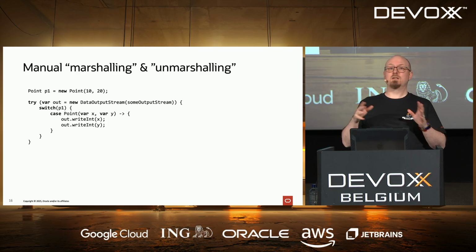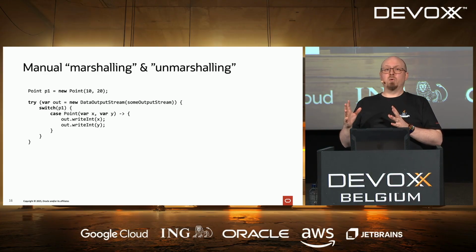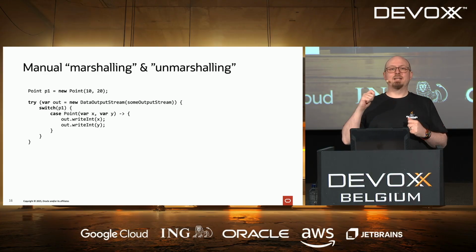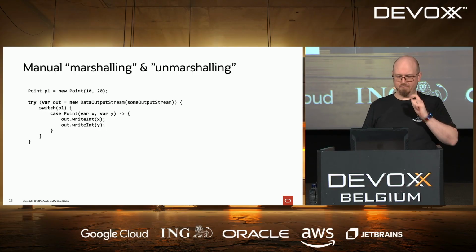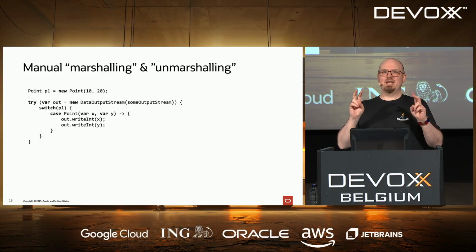Does this make sense? We're deconstructing the point when we pass the data that we got out of our point into our data output stream. That is the high-level idea here.